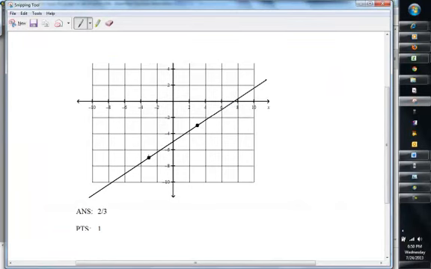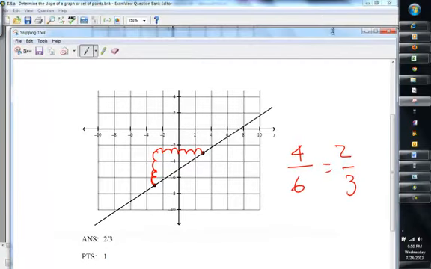So the y goes from here up 1, 2, 3, 4, and it goes forward 1, 2, 3, 4, 5, 6, which is 2/3.